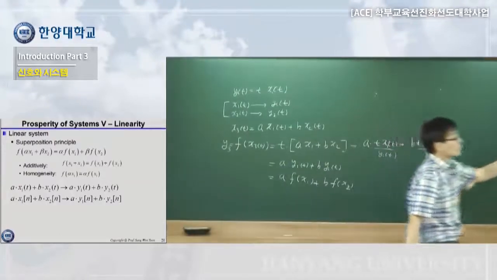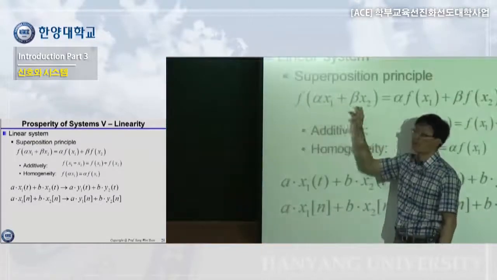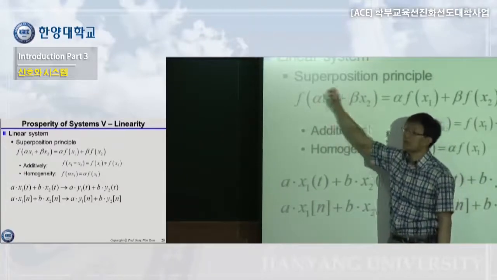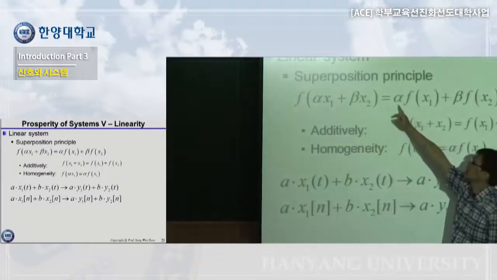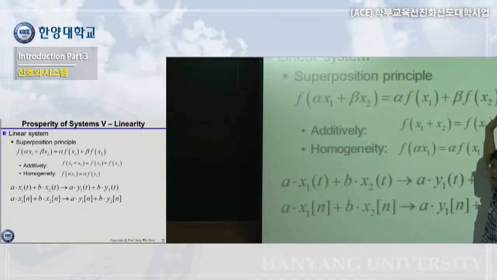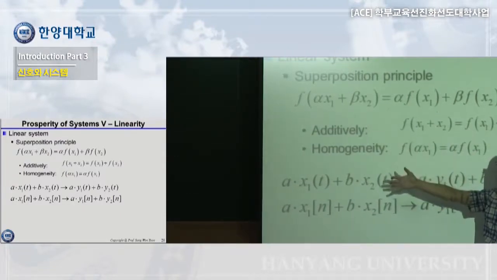It is exactly the same as the superposition form, where I use A, B instead of alpha, beta. So superposition holds, and we can consider this system linear.